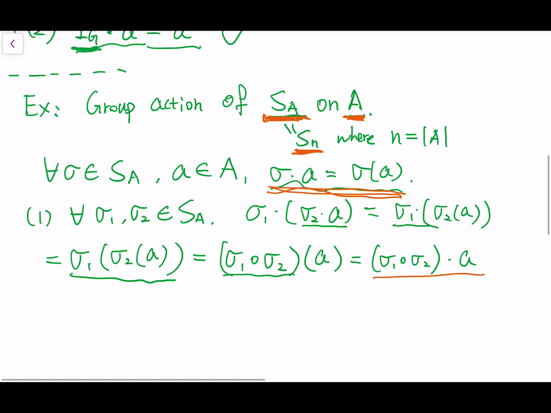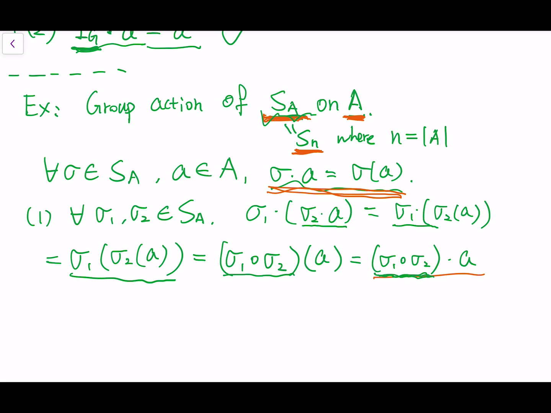Okay, we get this. And here, because for the symmetric group SA, the elements are the permutations, and the permutations are maps, the operation in the symmetric group is the composition between maps.